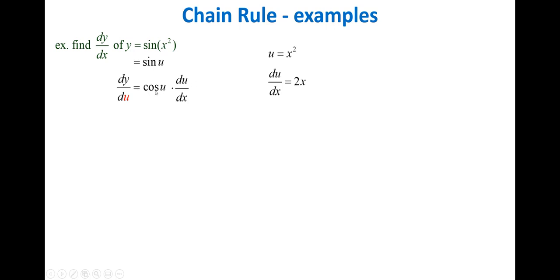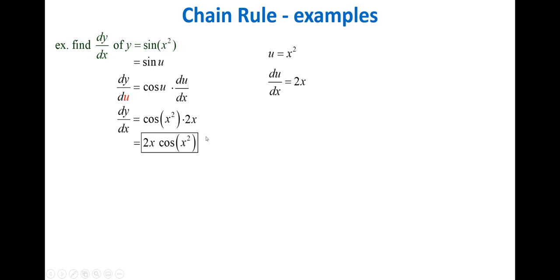Now I'm going to rewrite this in terms of x. Therefore, I'll convert this to be dy dx, the derivative of y with respect to x. Now this will become cosine of x squared. Du dx, I'll substitute in 2x.